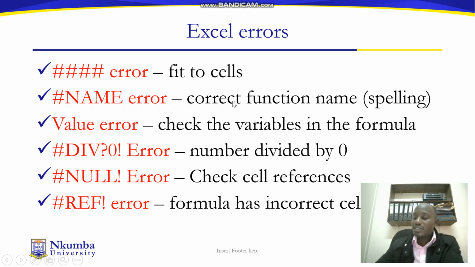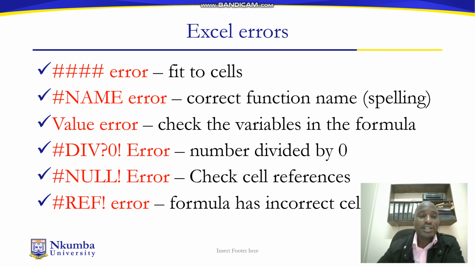Now there are errors that we can make as we use our functions. Some of these errors will appear in your cells. When you get the first error, the hashes, it means your number does not fit in the cell, so you need to expand the cell.